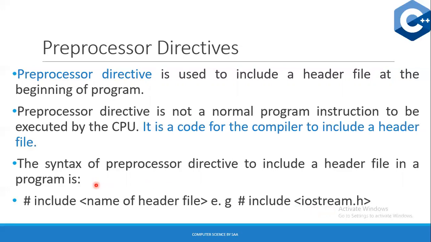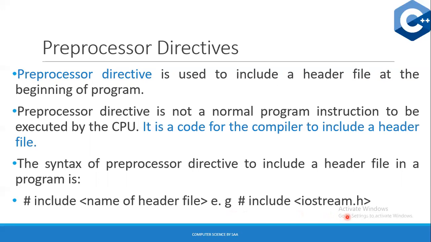The syntax of a preprocessor directive to include a header file is we use hash, then the reserved word include, and within angle brackets, we write the name of a header file. Just like in the previous example, hash include iostream.h, or we can also write hash include conio.h or math.h. We can include more than one header file in a single program.